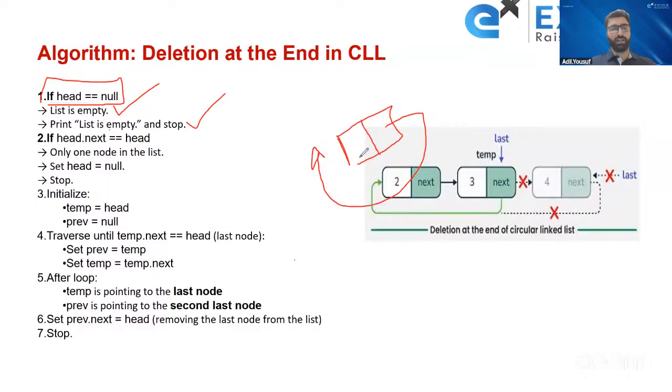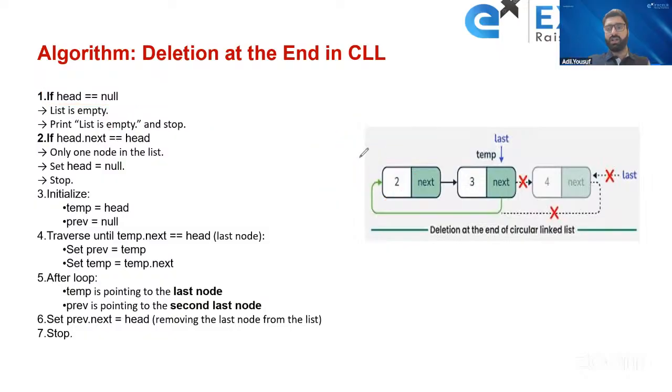So if head dot next is equivalent to head, in a circular linked list, we know that if the node next points to itself, then it means it is the only node in the linked list. To delete it, how do we delete it? We will simply set head equal to null.